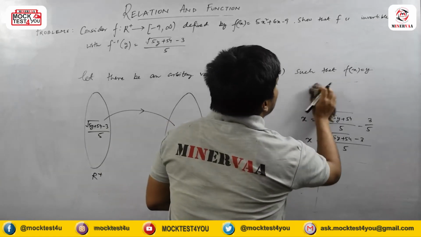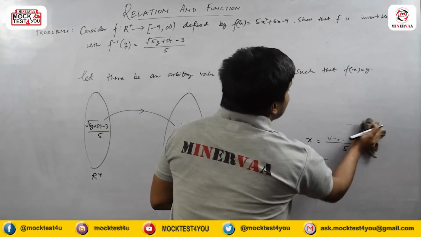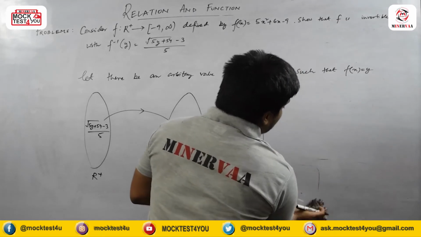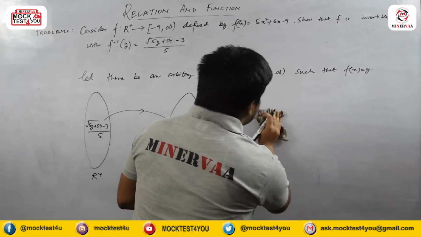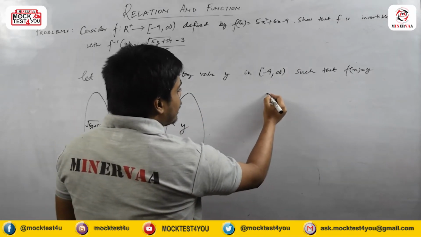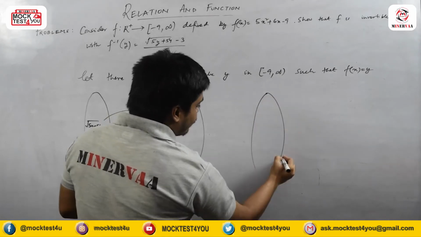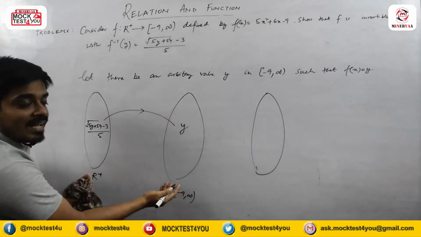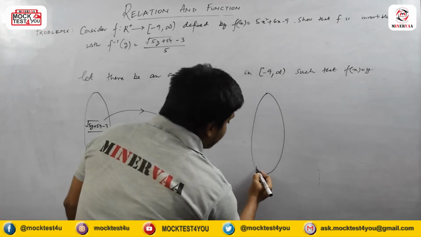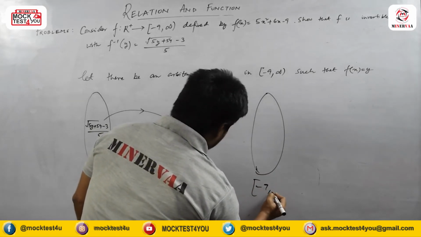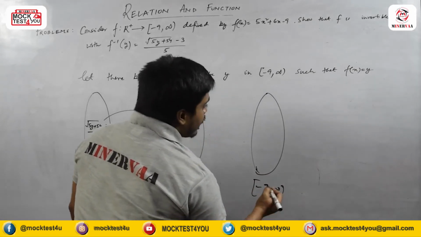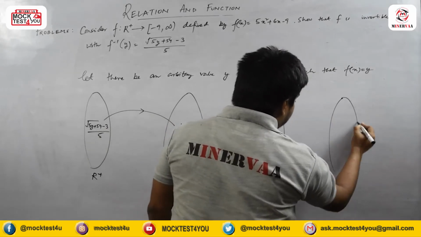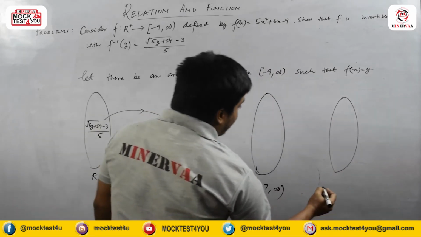So basically I need to define a new function. The domain and range will interchange because it's an inverse. So it will be minus 9 to infinity, and on this side it will be r plus.